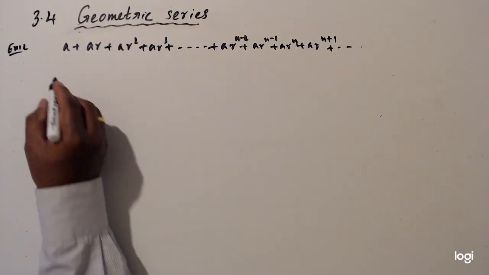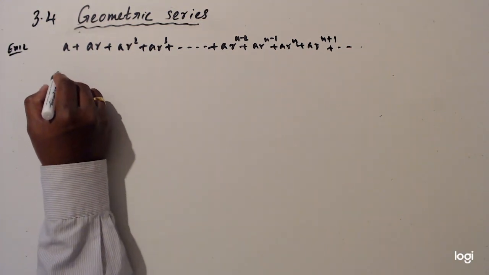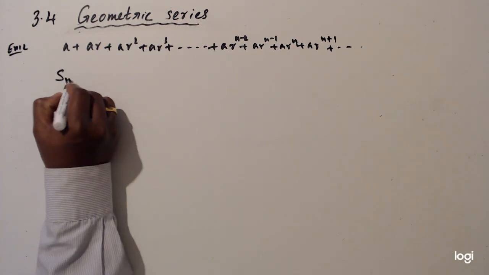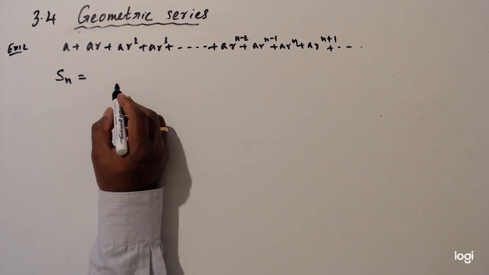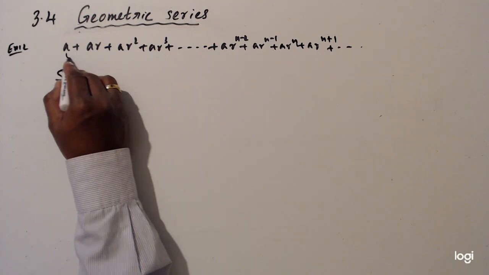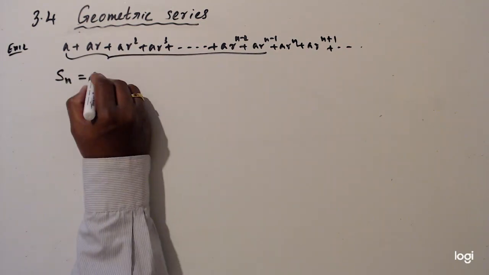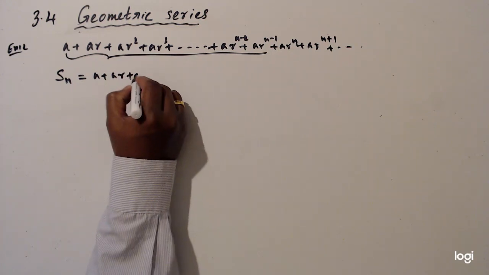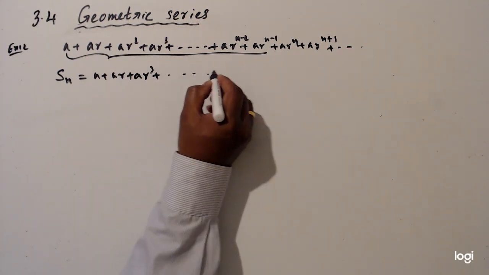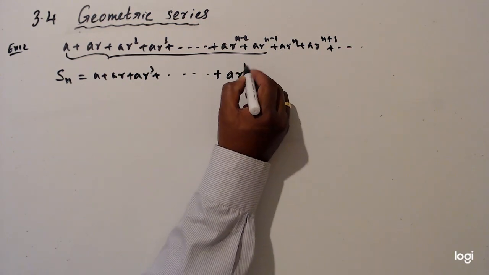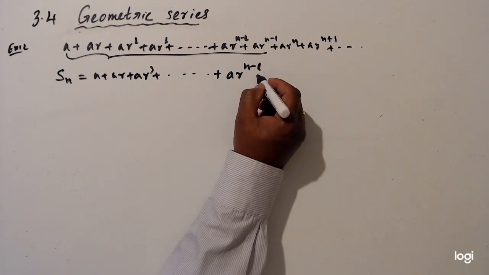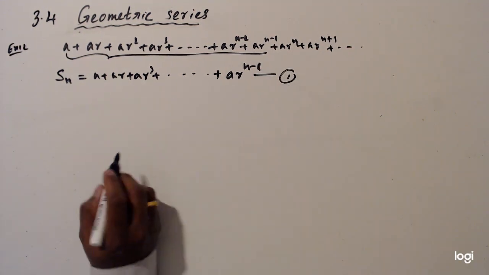Now I'm going to find the partial sum of n terms. It means I don't need everything. Going to be A plus AR up to AR^(n minus 1). So this is going to be the first equation.